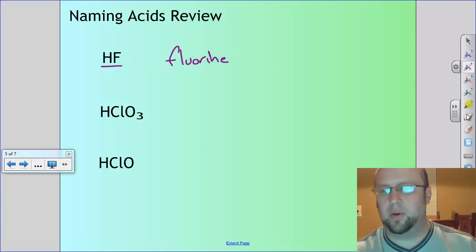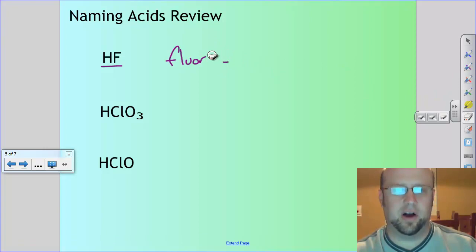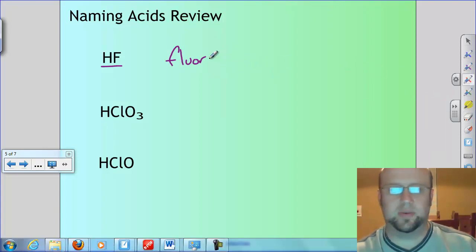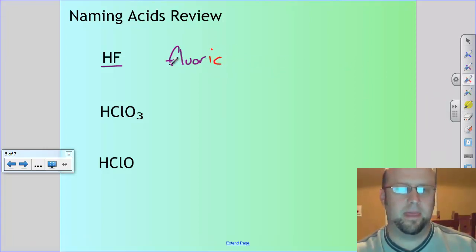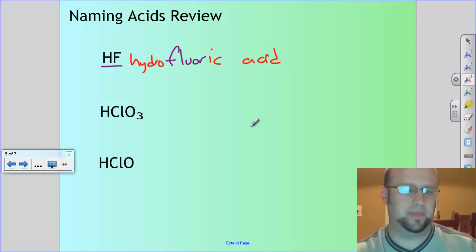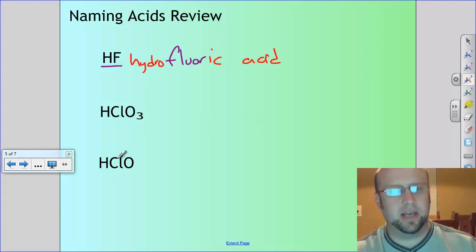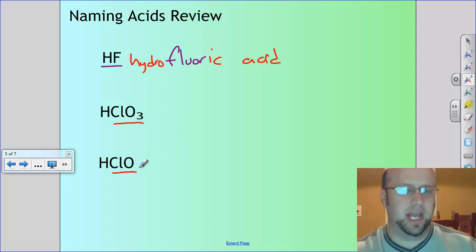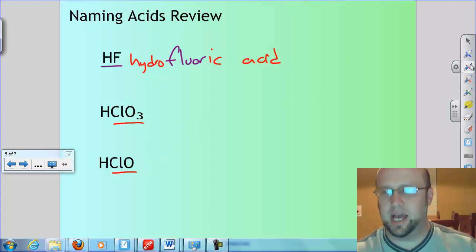Okay, remember that what we're actually going to do then is knock the end of it off, replace it with an IC, and since it's a binary acid, we write a hydro in front of it, and that becomes hydrofluoric acid. Okay? For everything else, if it's got an oxygen in it, basically that means there's a polyatomic. So you have to name your polyatomics, and then you name the acid from there.